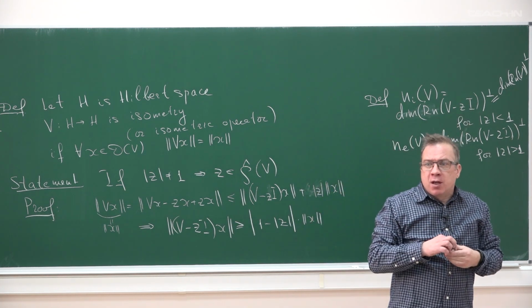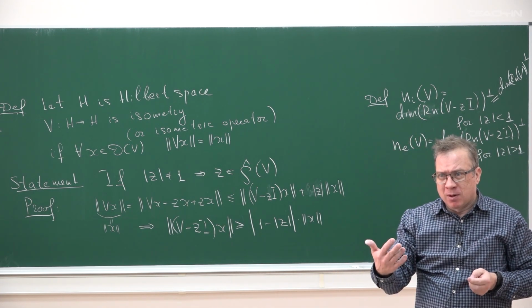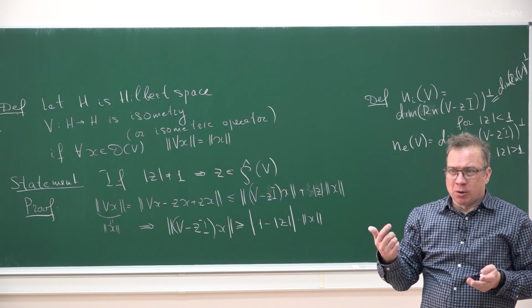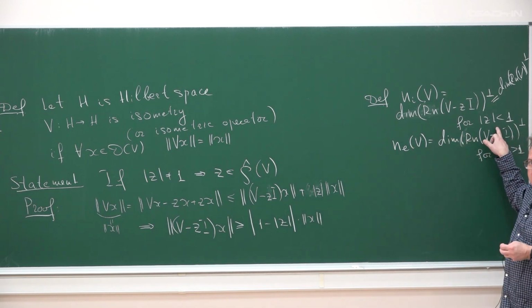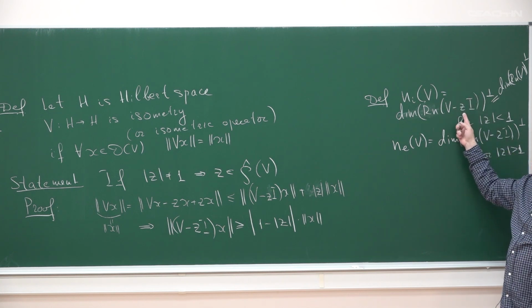Another argument: in a component of connectivity, the defect numbers are the same. 0 is inside this unit circle. So for any |z| smaller than 1, the defect number coincides with the defect number for operator V when we take z equal to 0.